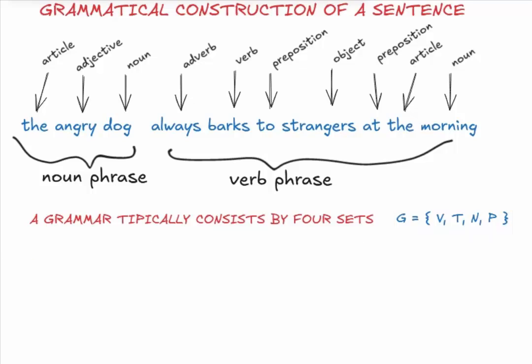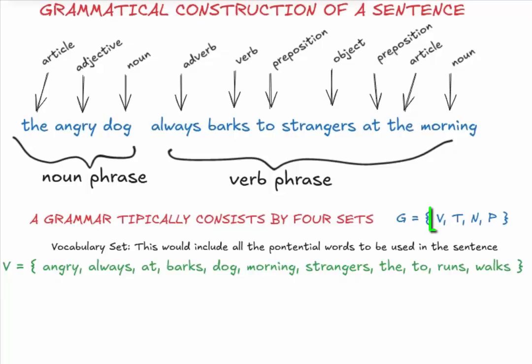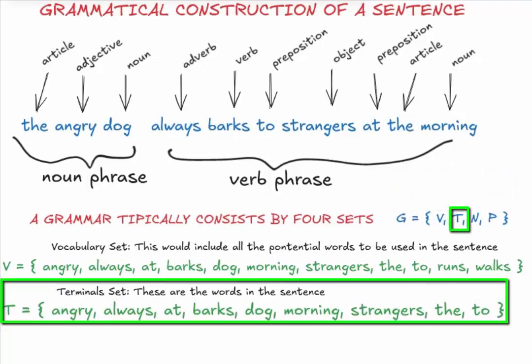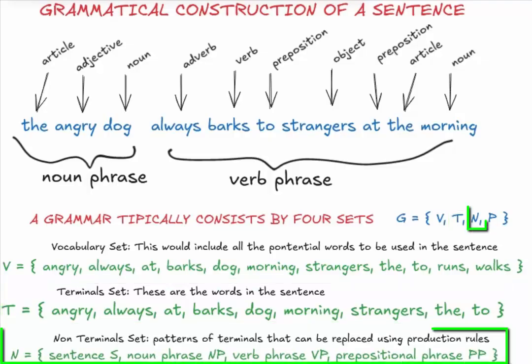For English sentences, we can include a set of vocabulary. In computational models, we will replace this set with an alphabet that allows us to express any word. Then we have terminals and non-terminals, along with production rules. All of these sets depict a grammar.